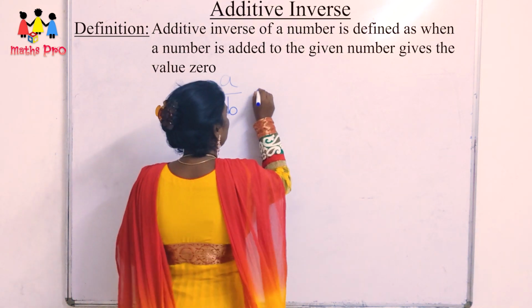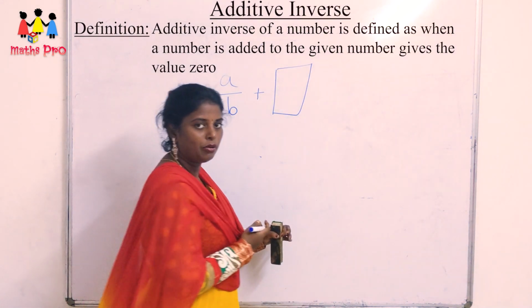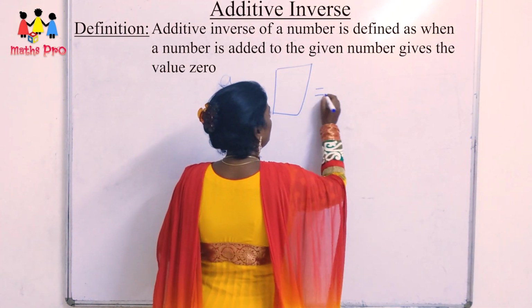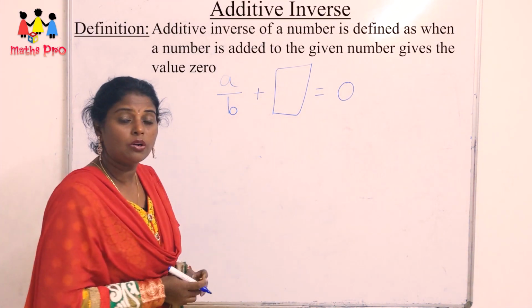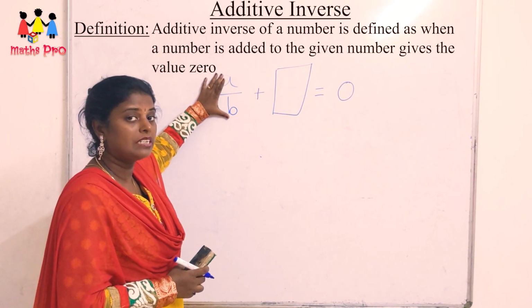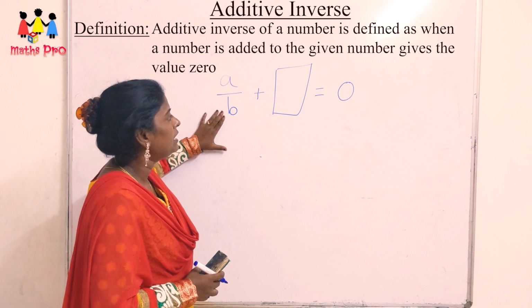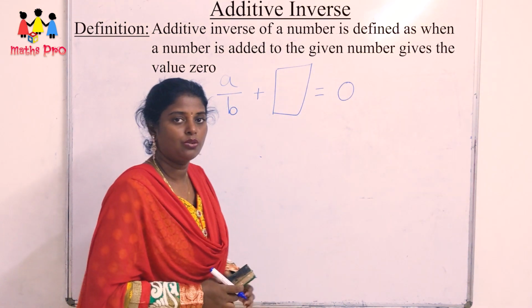When I add it with some number, it may be a rational number or integer, any number, then I should get the value 0. Here we are talking about the rational number, so this number should be strictly a rational number. Then A by B added with some number should give the value 0.